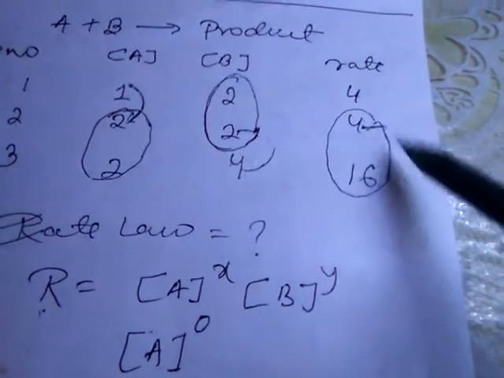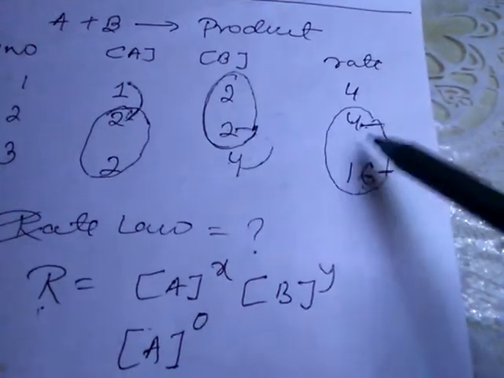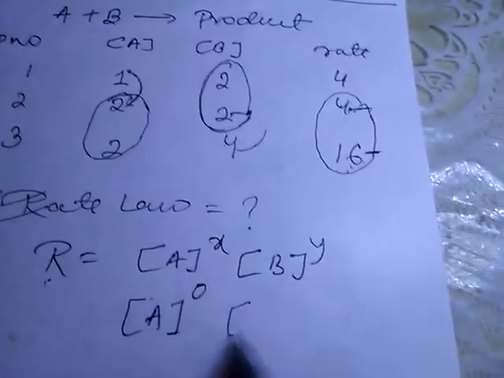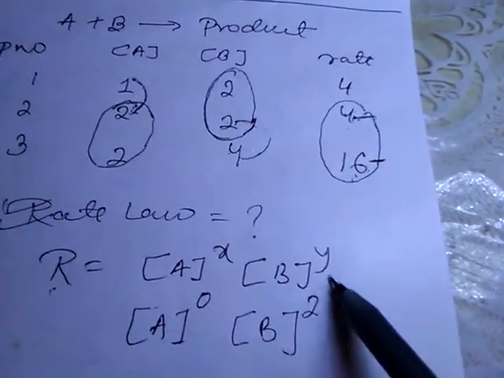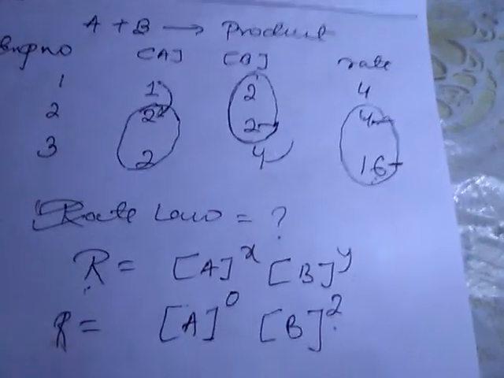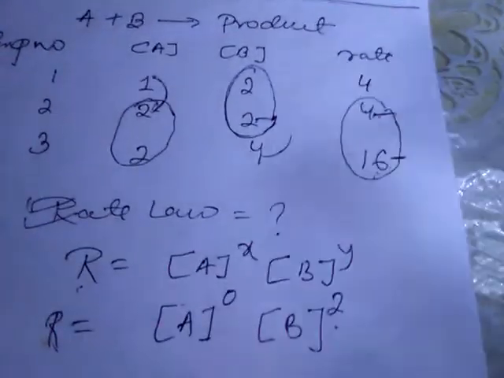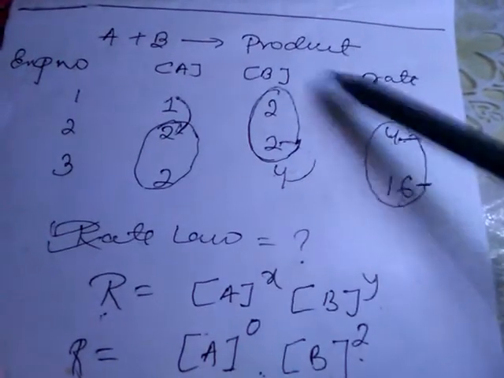It was initially 4, it became 16. So here we will put 2 in the place of y, and this is the final rate law which we found with the help of this information given here.